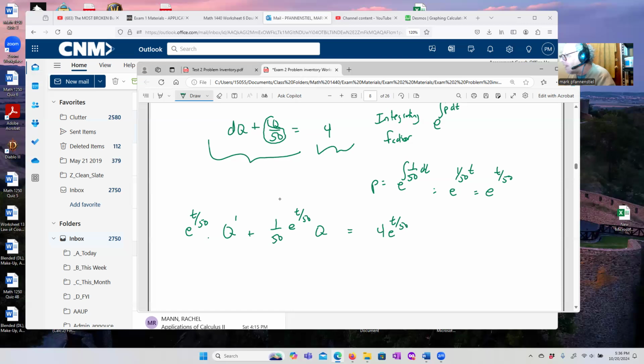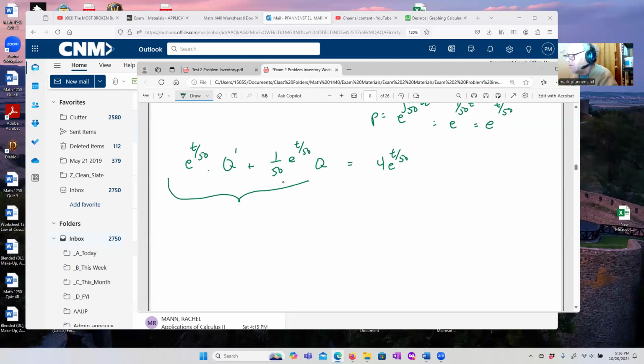Just multiplied through everybody. Now, this side over here, this is what the integrating factor does for us. We're going to say, look, this is Q times e to the t over 50, equals 4e to the t over 50.